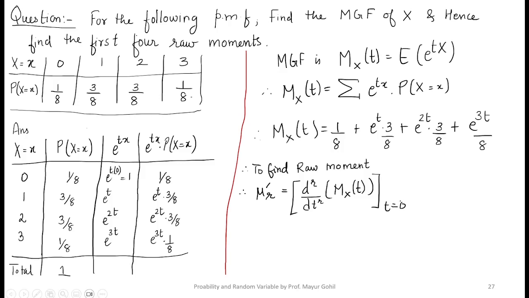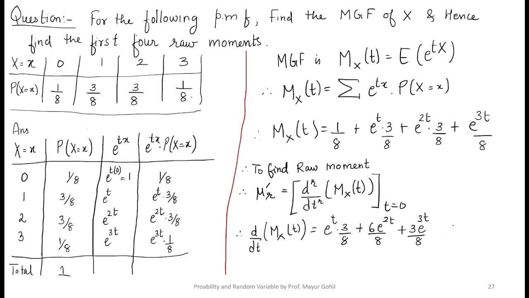So this is what we need now. We first calculate the derivative. The first derivative of Mx(t) is e raised to t into 3 by 8 plus 6 e raised to 2t by 8 plus 3 e raised to 3t by 8. This is what you get.